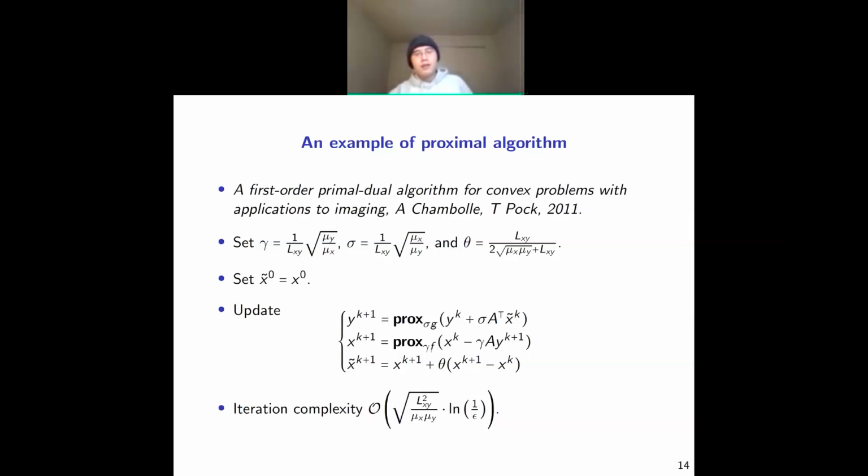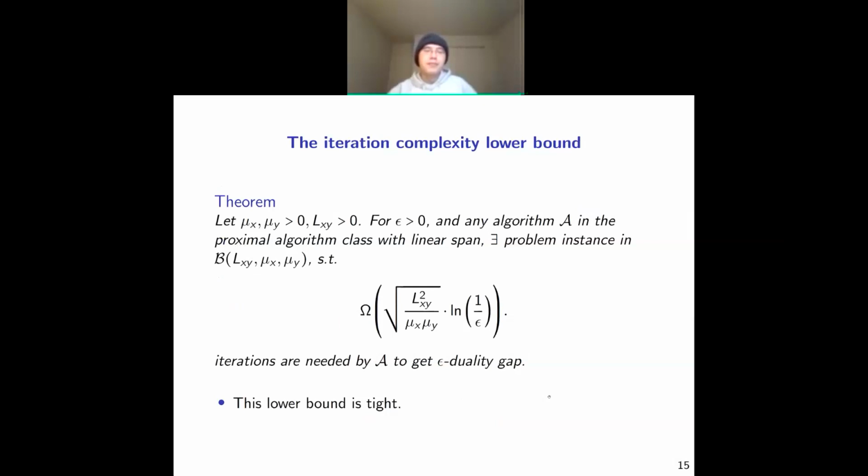Although this algorithm looks quite simple, they show that you can achieve an iteration complexity upper bound of this form. And later on, we'll show that this is actually an optimal one in this theorem.